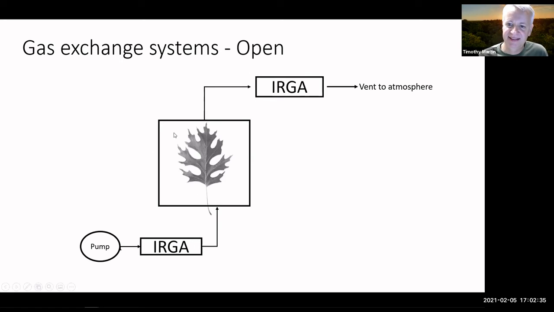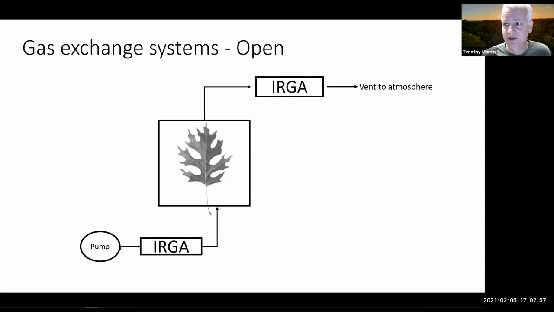What this means is that we can condition the air that goes into the chamber to hold, for instance, CO2 concentration and water vapor concentration constant by doing things to the air, drying it or humidifying it, changing the CO2 concentration so that it'll be at steady state in the chamber and we can hold conditions constant.